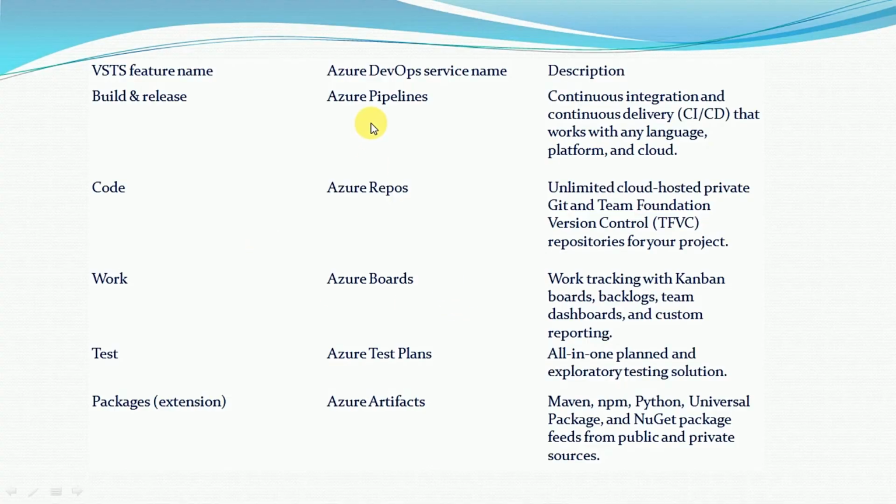Okay, now Azure Pipelines services, what will these services do? They will perform the CI/CD operations. So under these services you can perform the CI/CD operations. Azure Repos, under these services you can perform the Git and Team Foundation repository services.